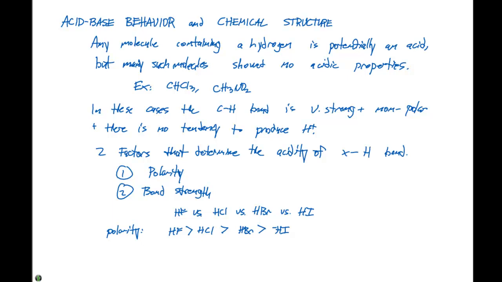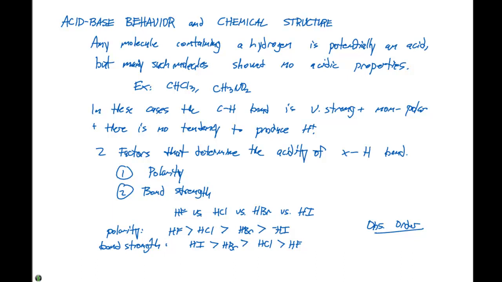So based on bond strength, we observe that HI is greater than HBr, which is greater than HCl, which is greater than HF. And the actual observed order is going to be a combination of both.